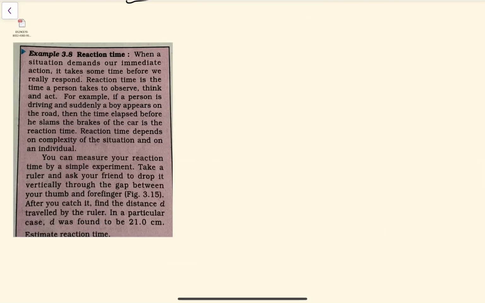Right, this is a simple reaction time problem. See here, when a situation demands an immediate response, it takes some time before we really respond. Reaction time is the time a person takes to observe, think and act. For example, if a person is driving and suddenly a boy appears on the road, what happens?